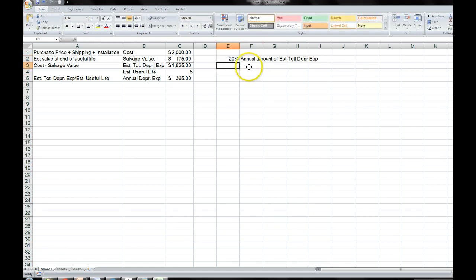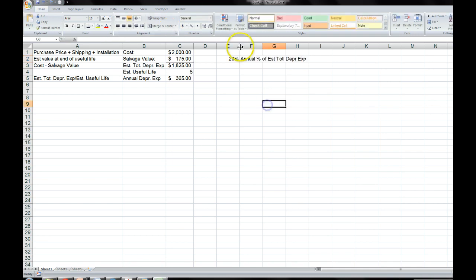I lost my pause button. I should say this is the annual percentage. There we go. Annual percentage of the estimated total depreciation expense.